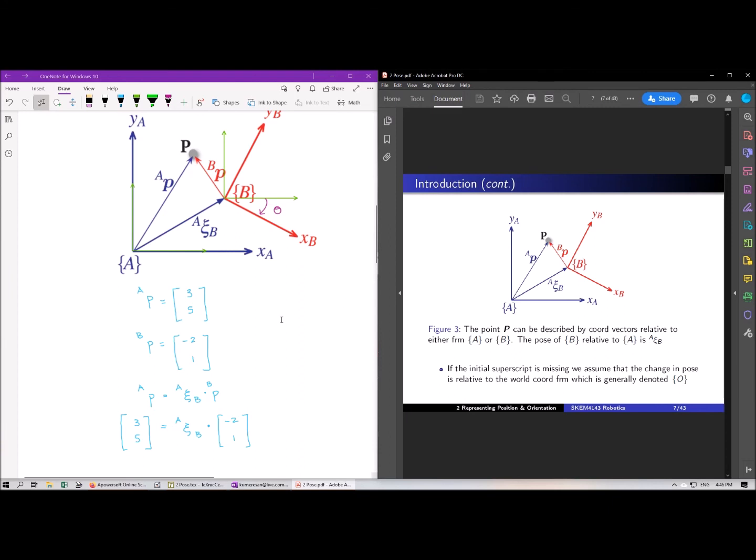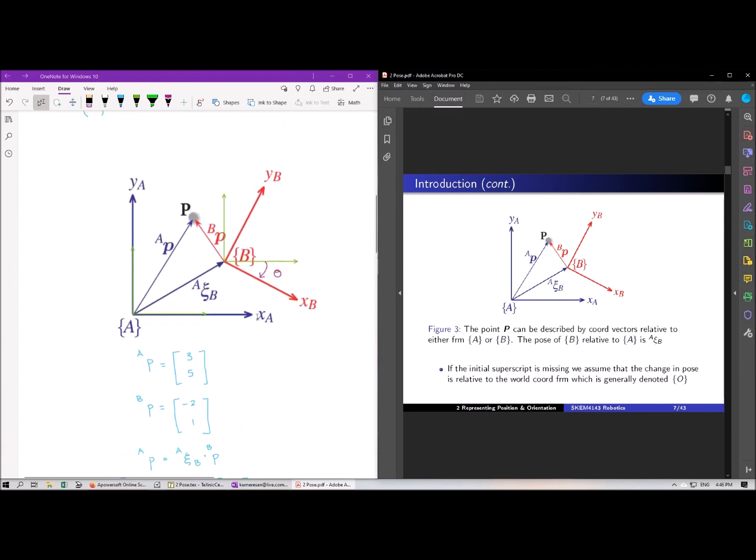But how do we get B? You can imagine in the beginning it was not like this, but it was like this, right? Imagine in the beginning, A and B are parallel like this. You can see the green axis here, the green coordinate frame. First step, we translate it to this point.